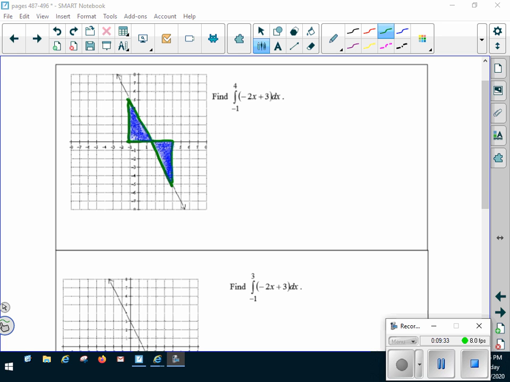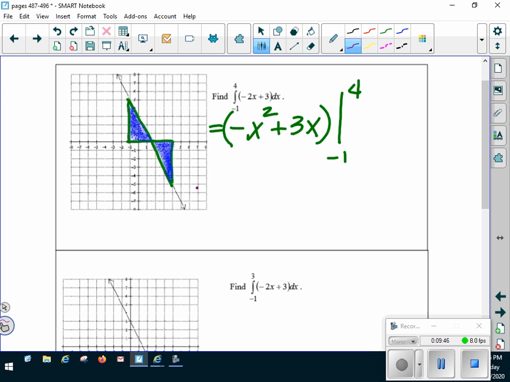All right, so this integral, well, we've done the integral several times. I mean, excuse me, the antiderivative, same thing, I guess. We're going to evaluate this from negative 1 to 4. Now remember, you always evaluate at the upper limit first, minus evaluating at the lower limit.